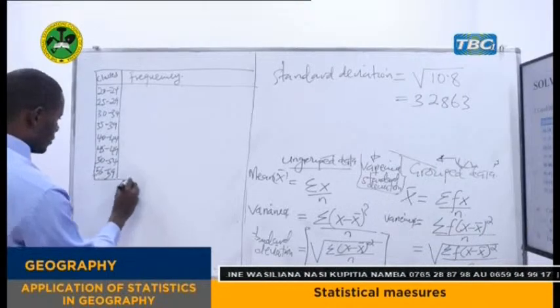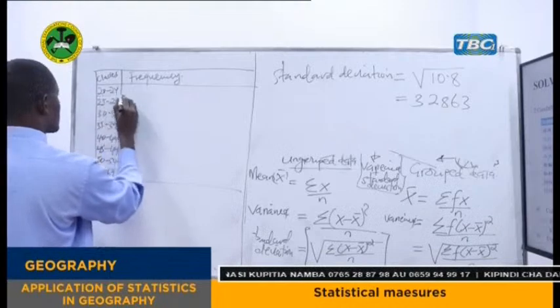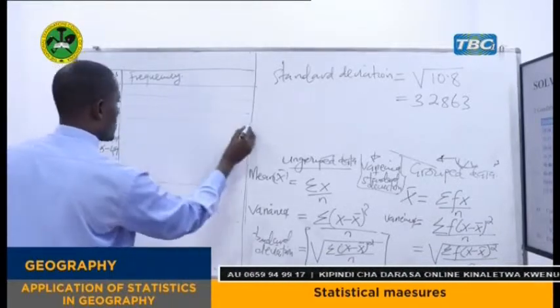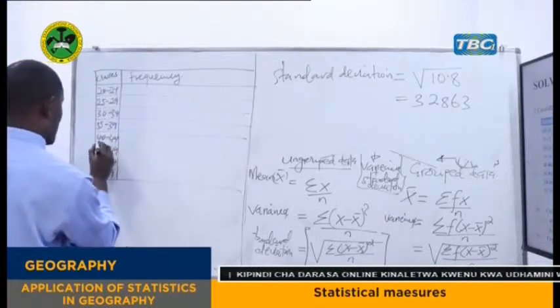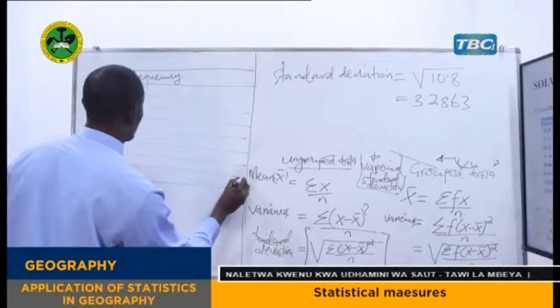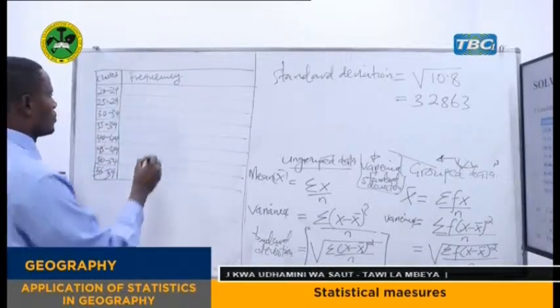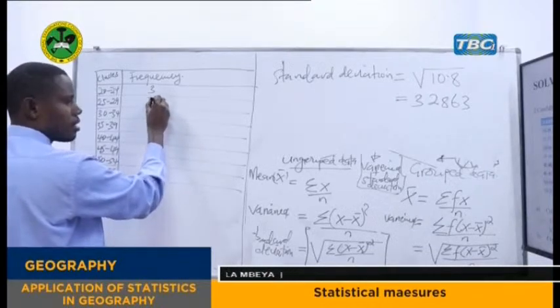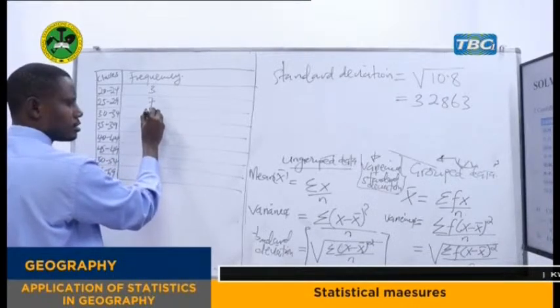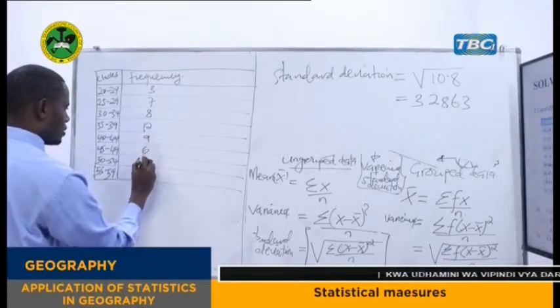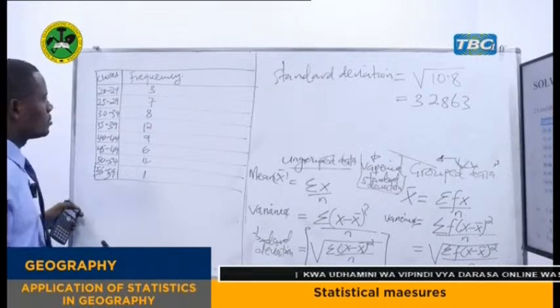Those are the data which was given over there. And we have been given the frequency. The first one, that is 3, then 7, then 8, then 12, then you have 9, then you have 6, 4, and the last one is 1.